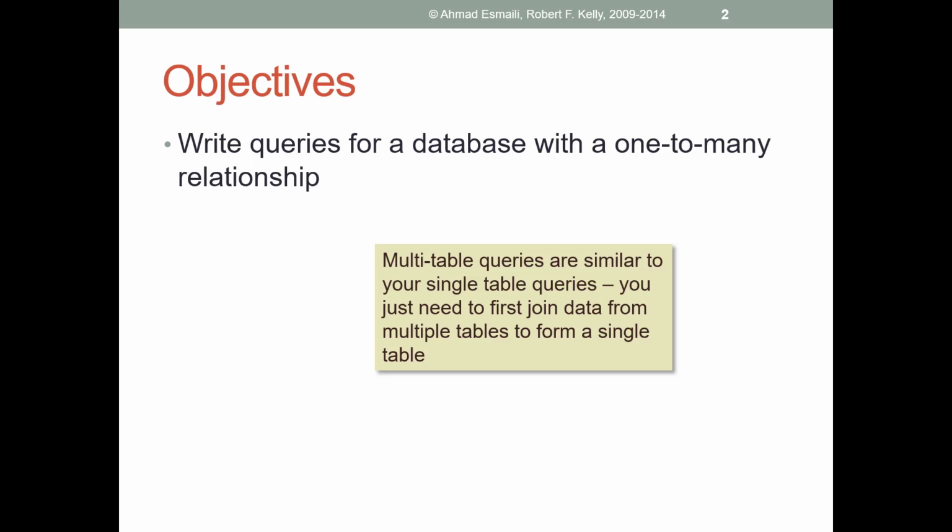So we defined relationships, and the example that we were looking at was a one to many kind of relationship, right? And we also looked at multiplicity.